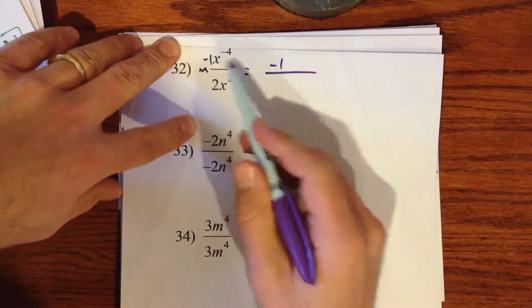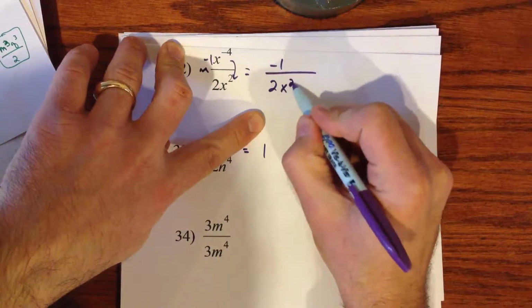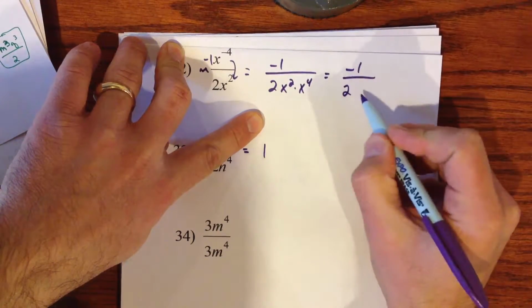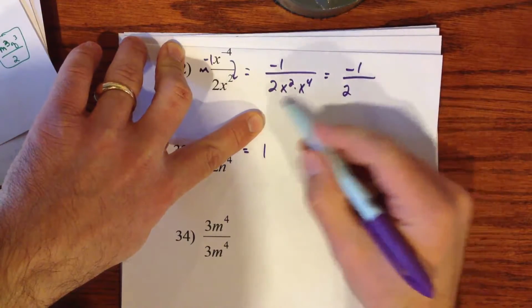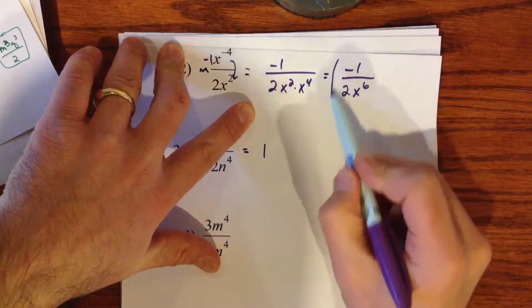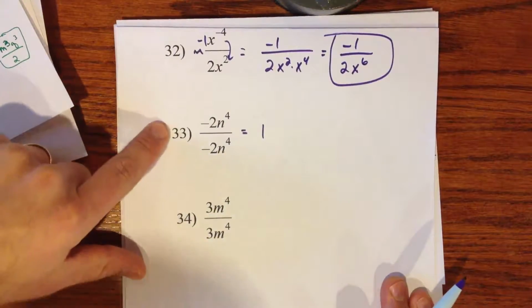To make it positive, I have to bring it down. So I have 2x squared times x to the 4th, which just becomes negative 1 over 2x to the 6th. There's my answer.